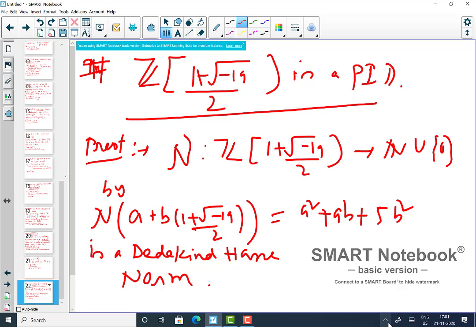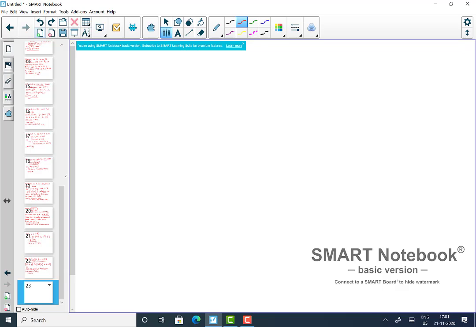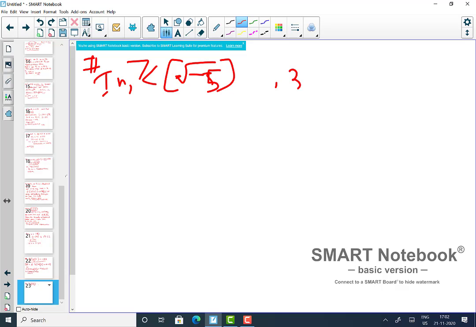Another part I would like to discuss. Well, let's see how much time I have. So maybe I cannot discuss a big theorem, but maybe I can discuss a small thing that we discussed yesterday, in the last class: inside Z of root minus 5, 3 is not a prime.